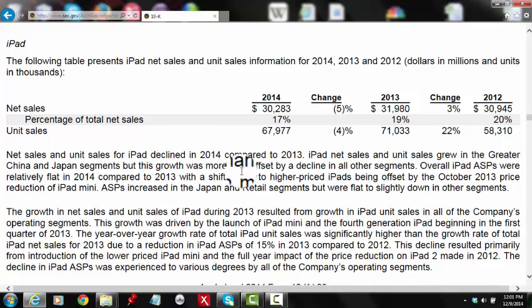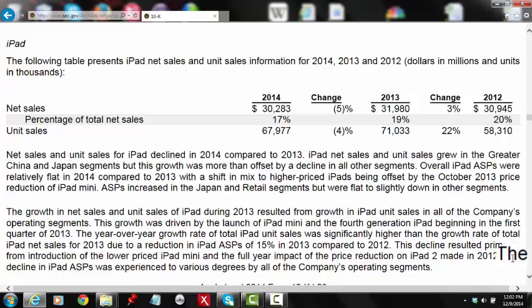The net sales and unit sales for iPad declined, and overall iPad ASPs were relatively flat in 2014 compared to 2013, with a shift in mix to higher-priced iPads being offset by a reduction in iPad Mini. So iPad Mini is cannibalizing basically.